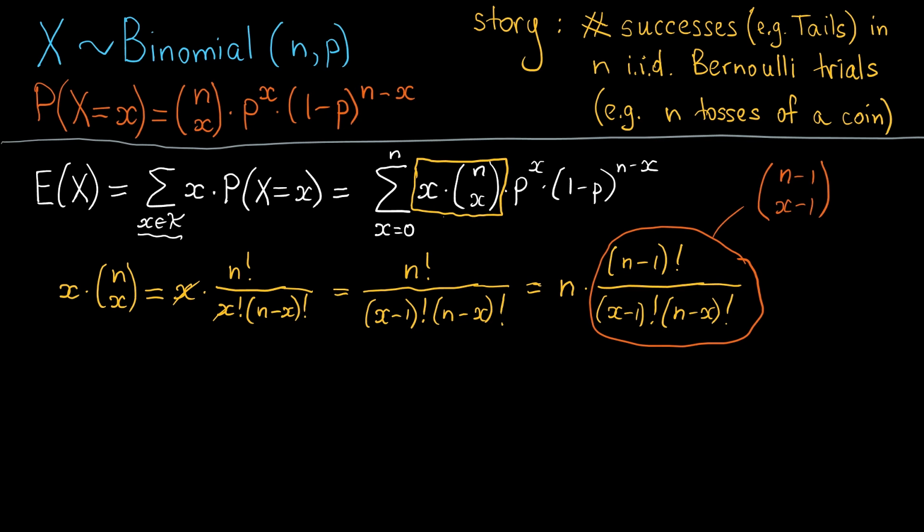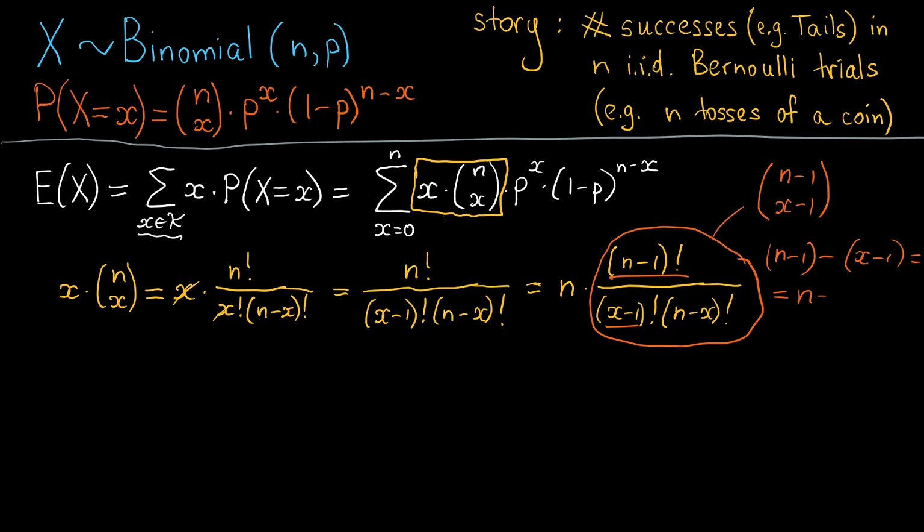Because think about what that would be. The numerator would have n minus 1 factorial, and that's indeed what we have here. And the denominator will have x minus 1 factorial, and then we'll need the difference. So it'll be n minus 1 minus x minus 1, but what does that evaluate to?